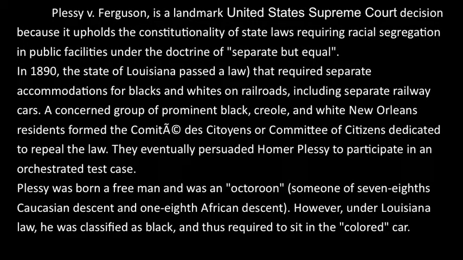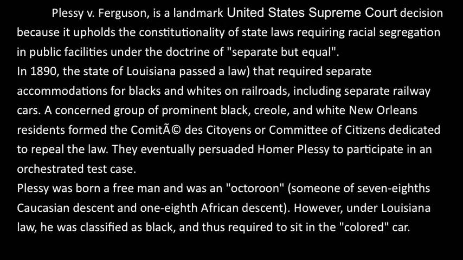Plessy v. Ferguson is a landmark United States Supreme Court decision because it upholds the constitutionality of state laws requiring racial segregation in public facilities under the doctrine of separate but equal. In 1890, the state of Louisiana passed a law that required separate accommodations for blacks and whites on railroads, including separate railway cars.